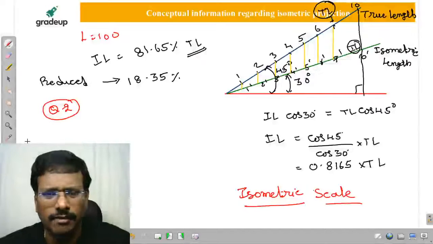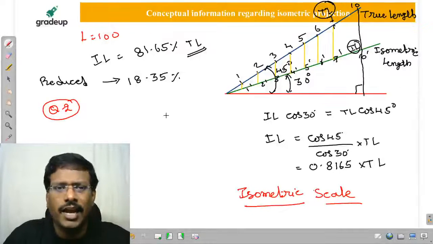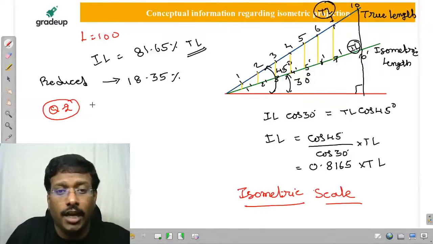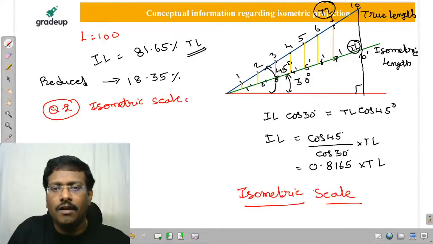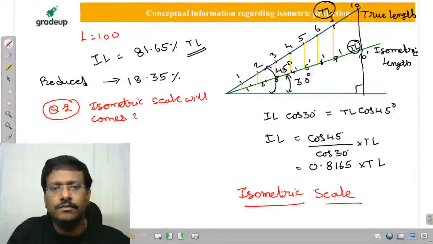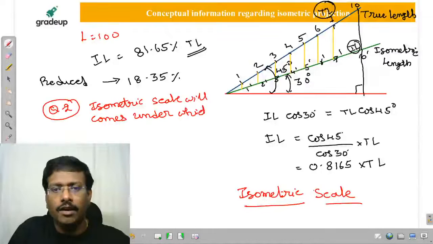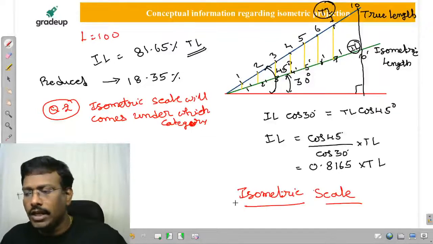Among these, this isometric scale will come under which category? Is it clear to all of you, my dear friends?